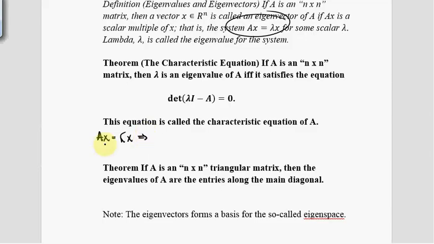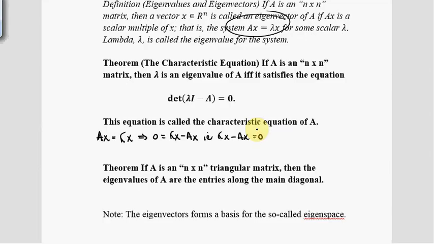This implies, what I'm going to do is get the AX on the right side. So here I have 0 is equal to lambda x minus AX. Now, if you will, just turn that around. Just say this is lambda x minus AX equal to 0.